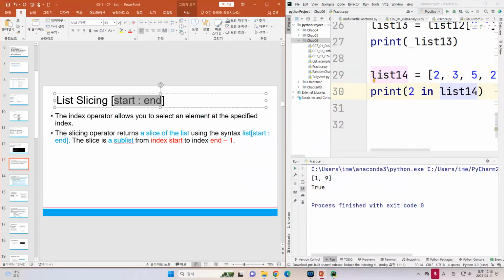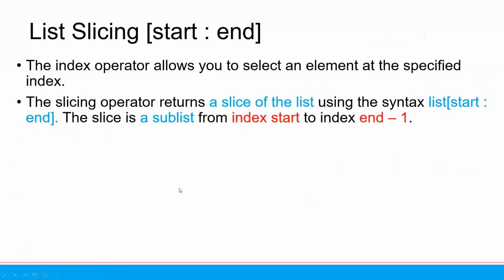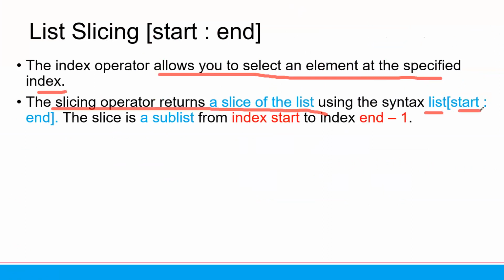We want to start from a particular number and end with a particular number. The index operator allows you to select an element at a specific index, and the slicing operator returns a slice of the list using the syntax list[start:end]. The slice is a sublist from index start to index end - 1. So it is similar to range.